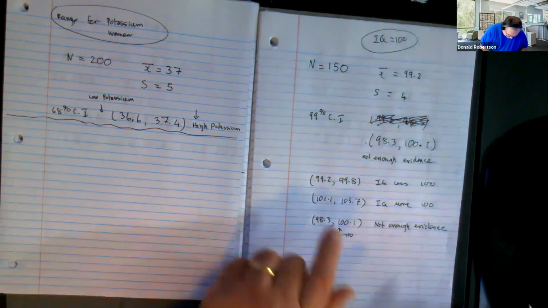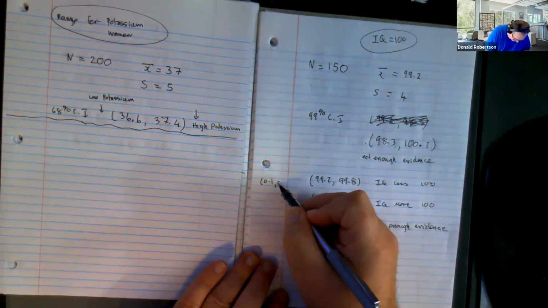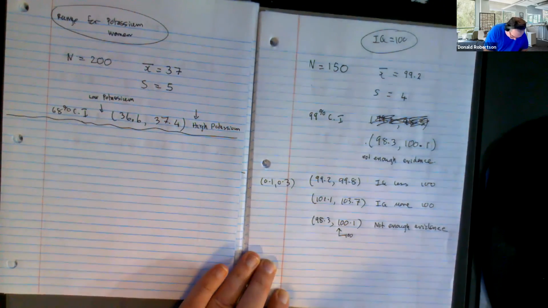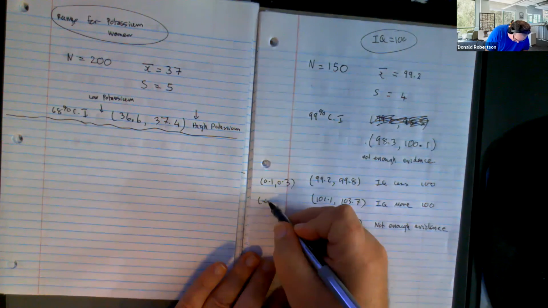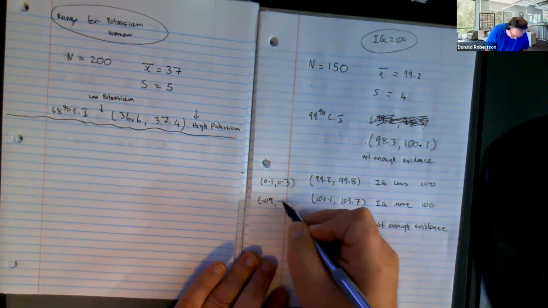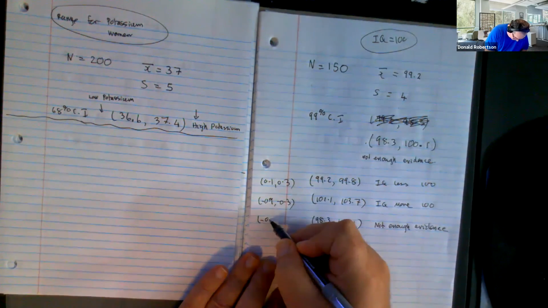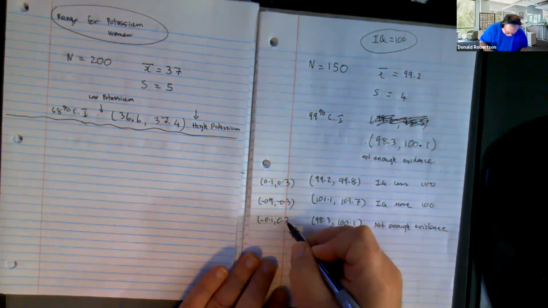Isn't that very similar to when you do proportions? That means the first guy's bigger than the second. The first guy's less than the second. And then you don't know.